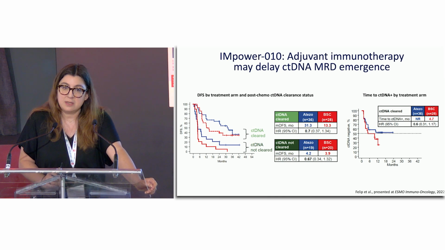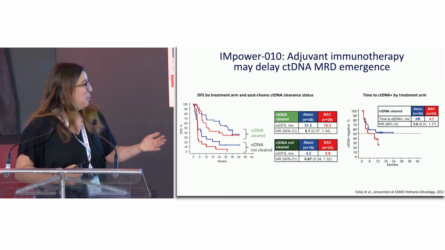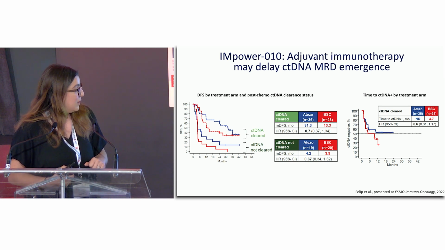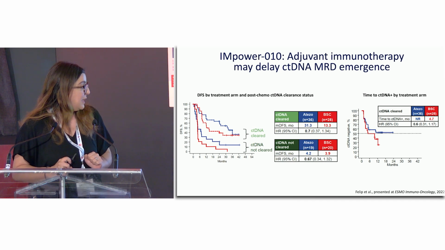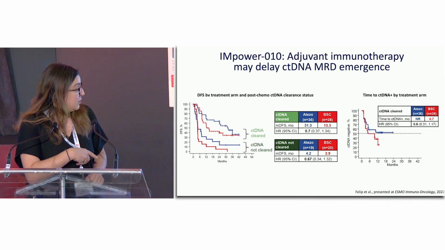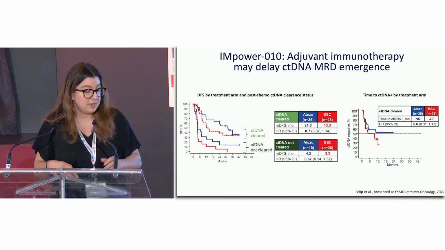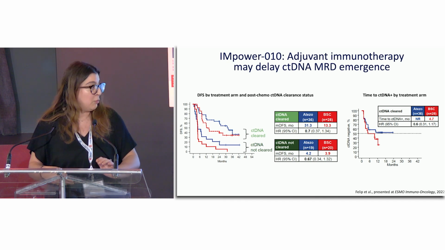Certainly, we didn't see this with IMpower010, right, in the lung cancer space, where we saw benefit practically with adjuvant atezolizumab independent of ctDNA status. And what I'm showing here is ctDNA MRD status post chemotherapy, actually.